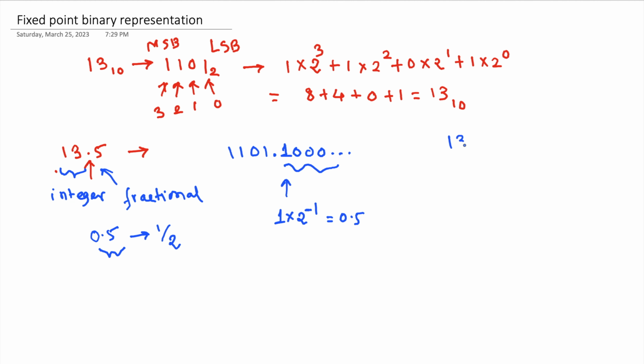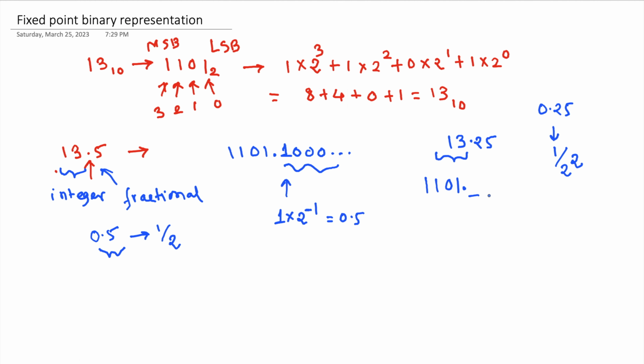Let's consider we want to represent 13.25. How will we do that? We know this is an integer part, so the binary representation is 1101. Then we have a binary point. Now this 0.25 is nothing but 1 upon 2 raised to 2, that is 1 over 4.